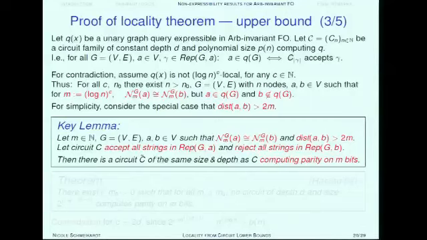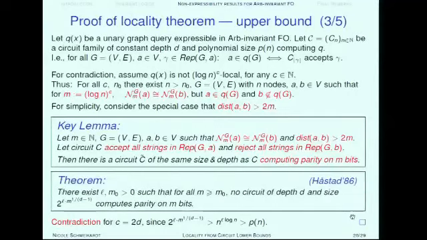Then our lemma says there is a circuit C tilde of the same size and depth as the original circuit, and this circuit C tilde computes parity on m bits. So m is the radius of the neighborhoods. And I will show you how to prove this key lemma in a minute.